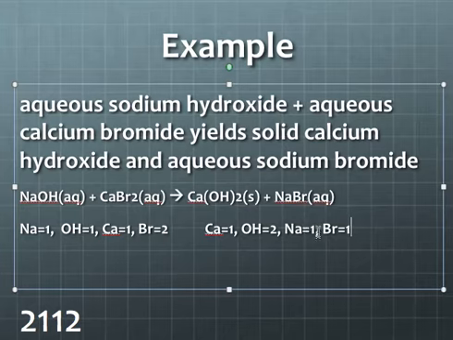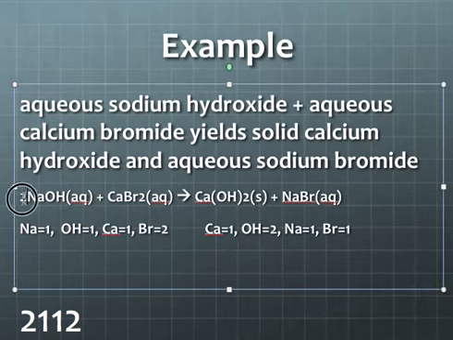Okay, and then we're just comparing here. And the first thing I notice is I've got 1 hydroxide on the reactant side and 2 on the product. So to change this, notice I'm not going to put a 2 on the subscript because that would unbalance my formula. Instead, I'm going to put a 2 right here as my coefficient to say I've got 2 sodium hydroxides going in here.